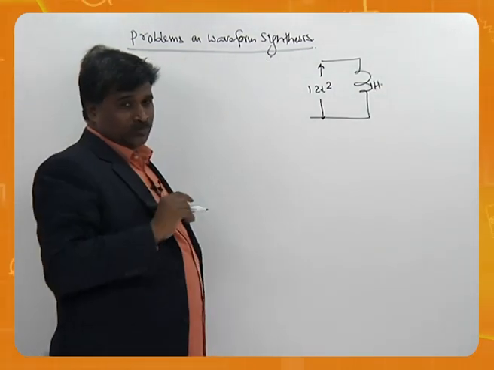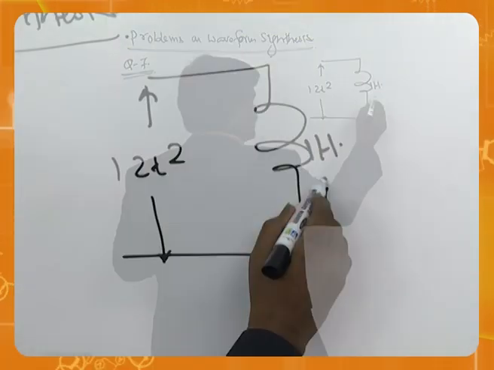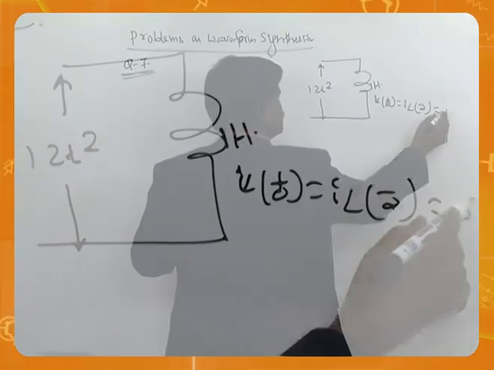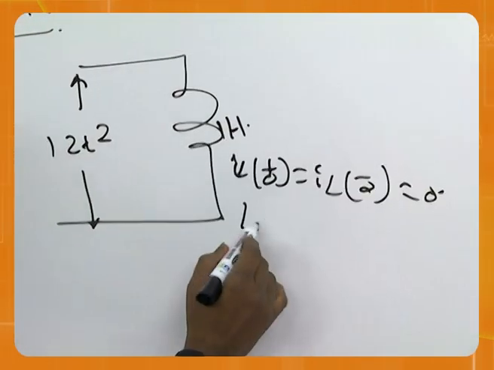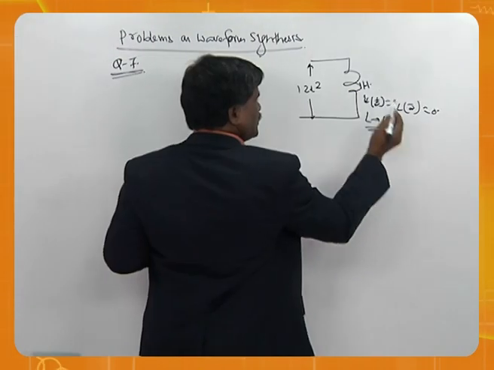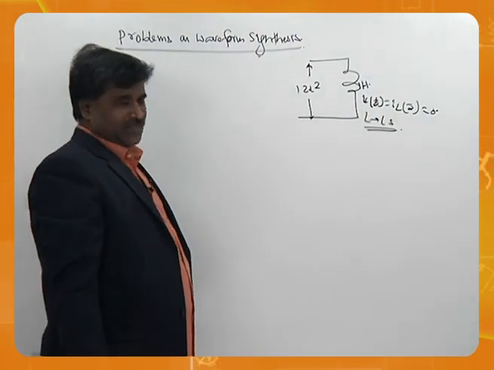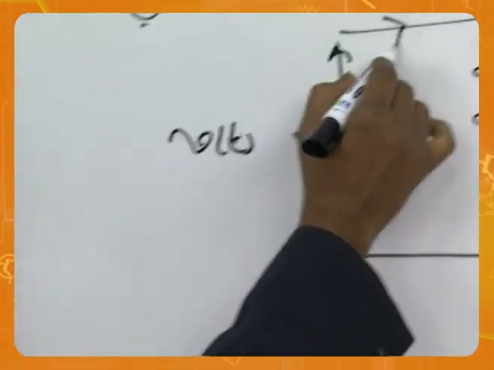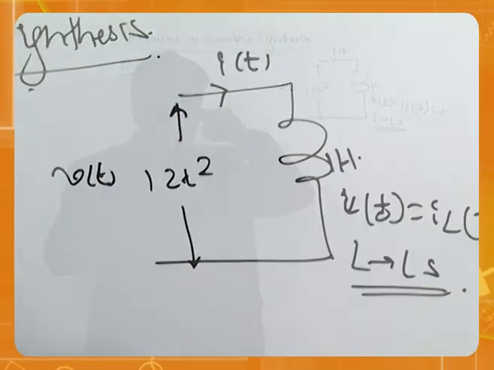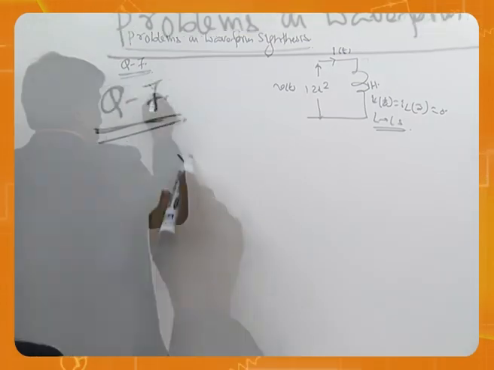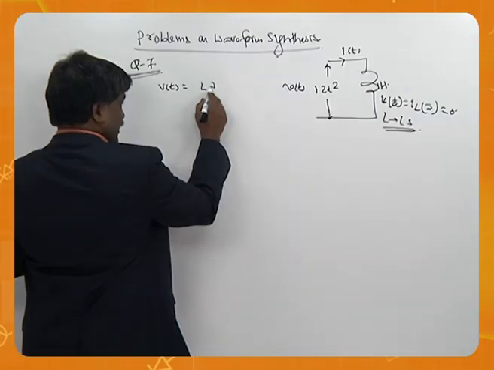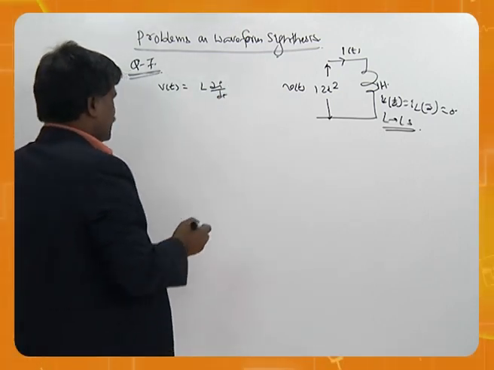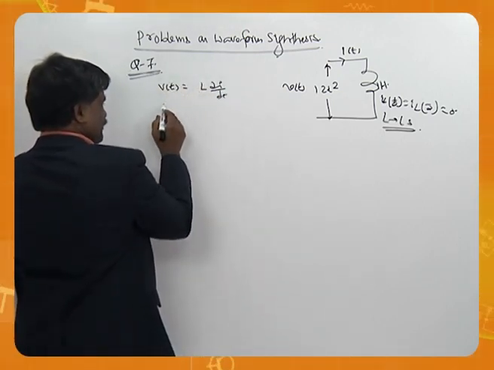As I told you, for all initial conditions we will take it as 0. That's why I can simply say L becomes Ls. He wants current. Say this is V of t and this is I of t, understand? So V of t is equal to L di by dt. That's all. This is simply Ohm's law.